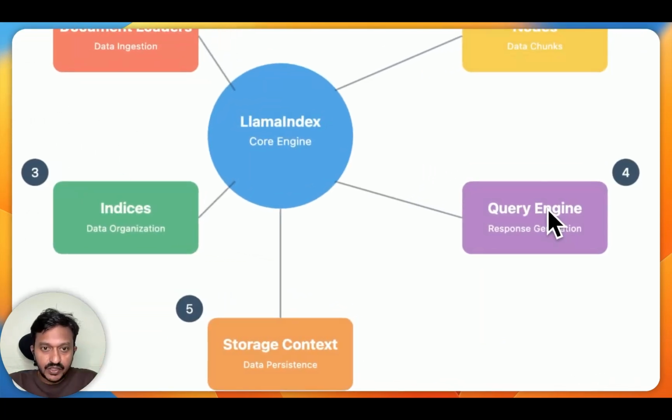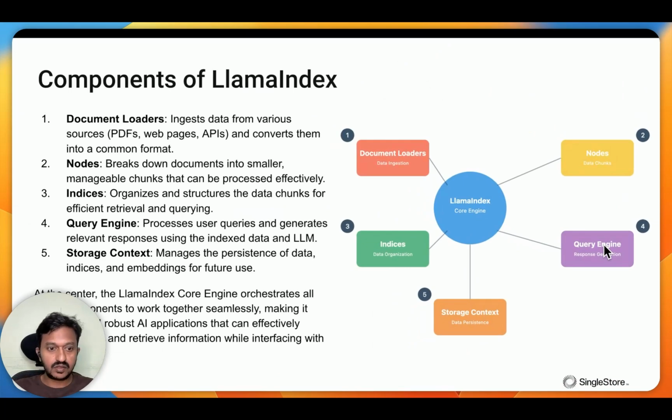These are some of the components of LlamaIndex: document loaders, nodes, indices, query engine, storage context. Just like LangChain has different modules, LlamaIndex also comes with all these components to help you build robust AI applications. So what are document loaders? They help you ingest data from various sources: PDFs, web pages, APIs, and all that.